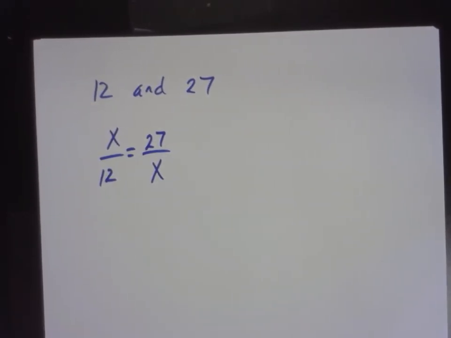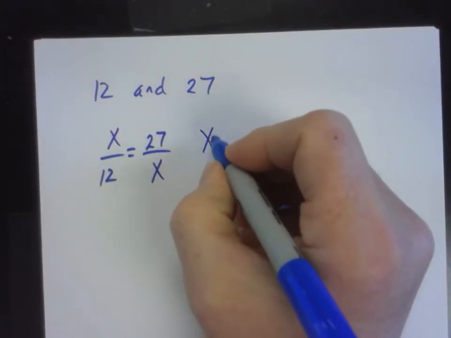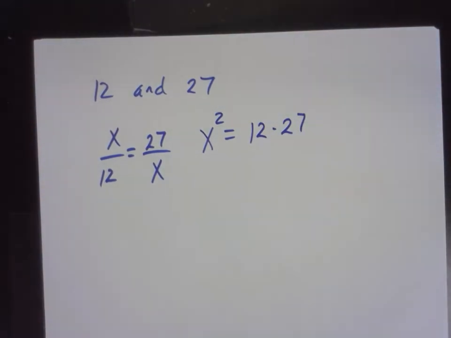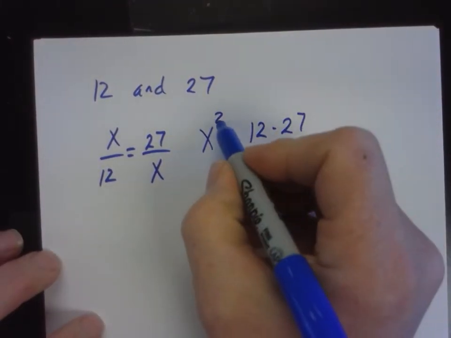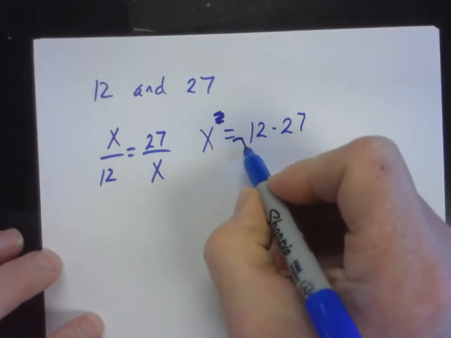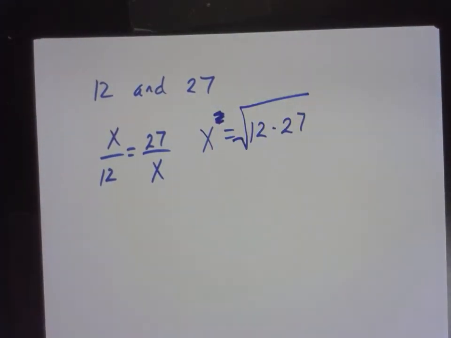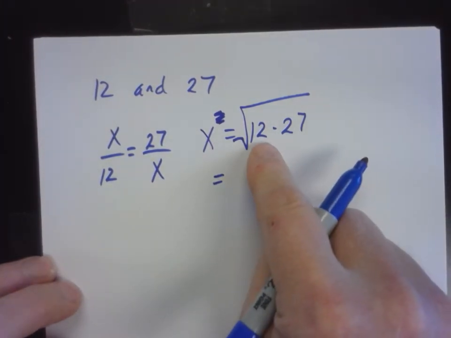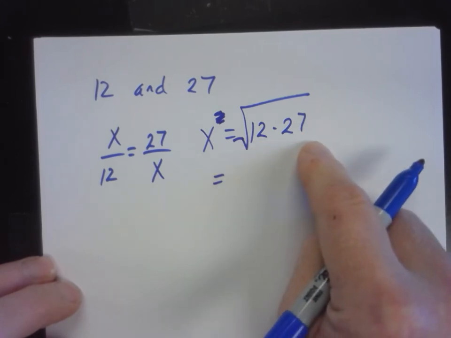So x squared equals 12 times 27, which I'm not going to bother to do. I'll show you why in a minute. So then x would equal the square root of 12 times 27, wouldn't it? Now here's why I didn't multiply them together. I need to reduce this radical.